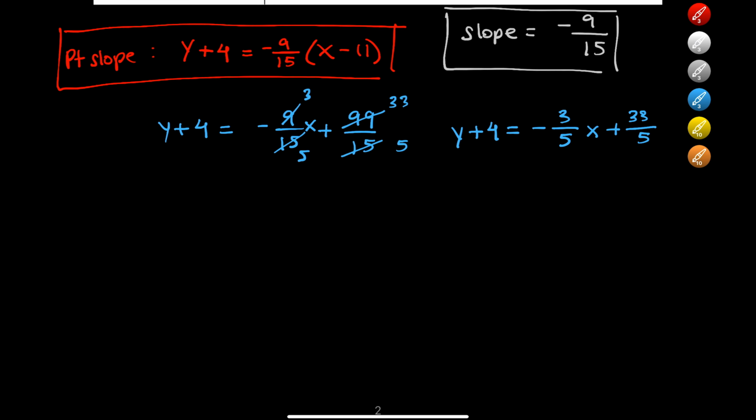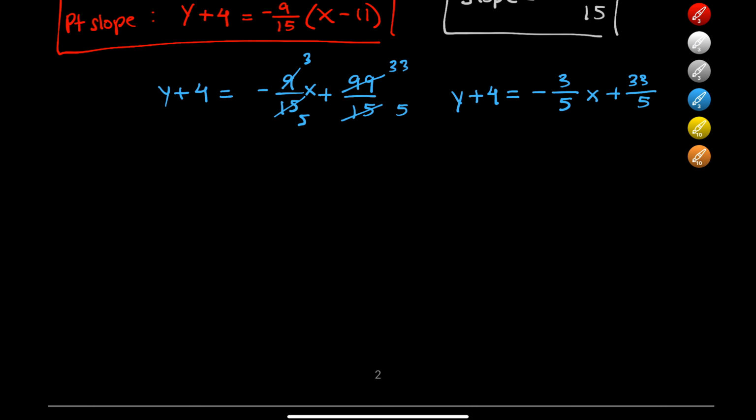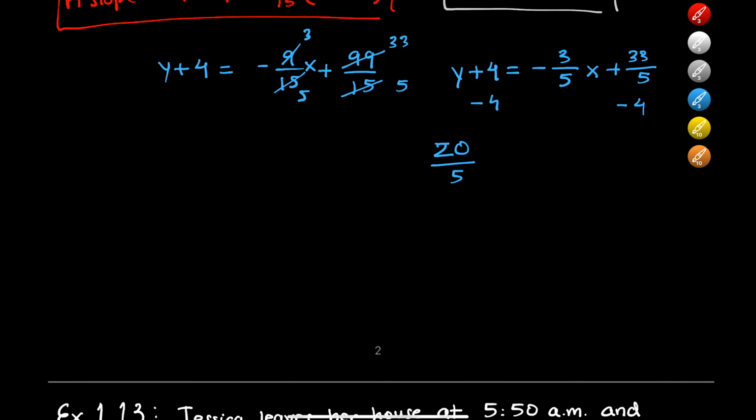And so now we just subtract 4 from both sides. And we could write 4 as 20 over 5. So this is the same thing as subtracting 20 over 5 from both sides.